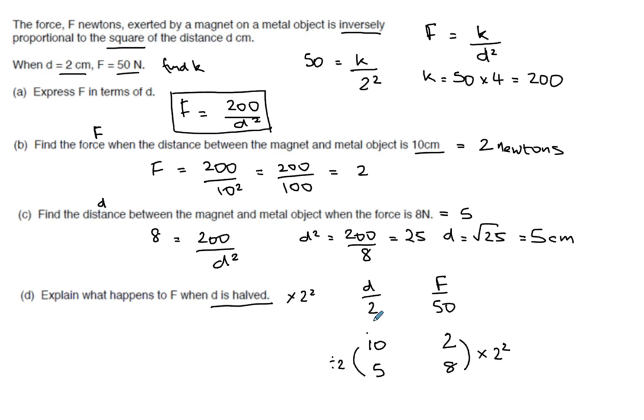Let's just check it here. We halve the 2, so d is 1, so F will be 200 divided by 1 squared, which is just 1, so it would be 200. You can see that was divided by 2, and that was multiplied by 2 squared, which is times 4, which is 200.